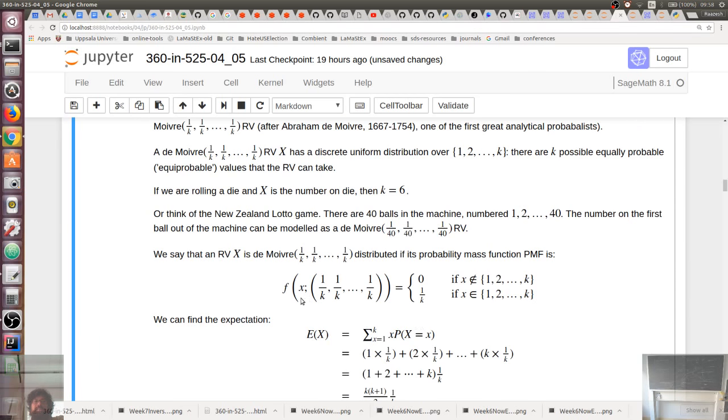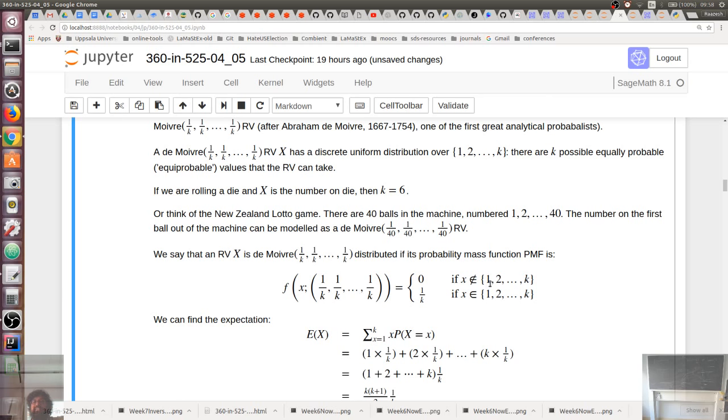So in general, the probability mass function, because it's discrete for this random variable, is f of x. Once again, I have a semicolon, and after that, I have this vector of parameters. In this case, I can just put k, but I explicitly use 1 over k, because later on we will generalize it to these values being arbitrary.